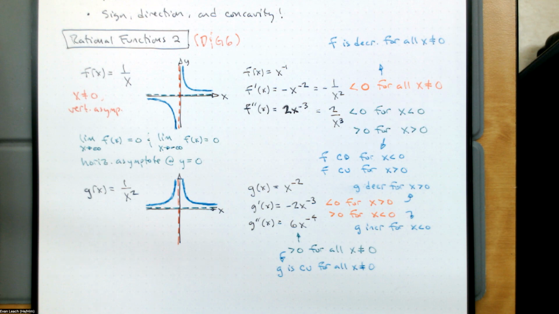So yesterday I raised the question, how do we move the horizontal and vertical asymptote?